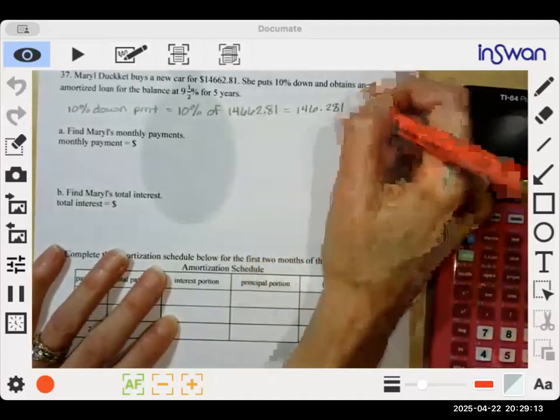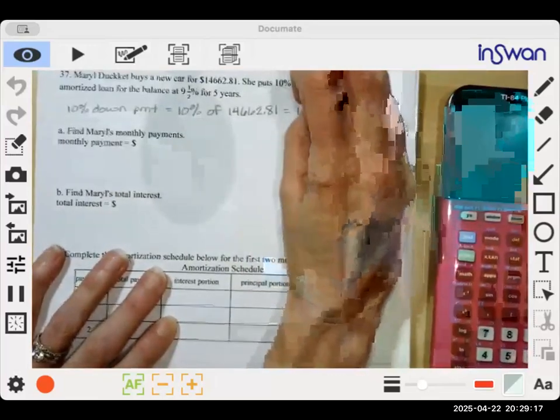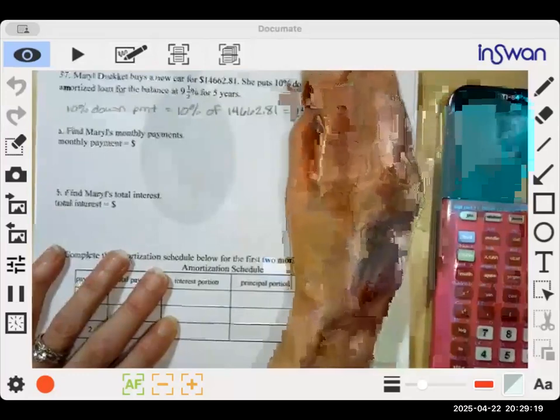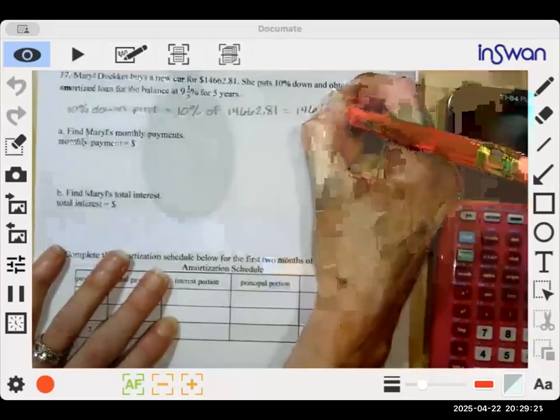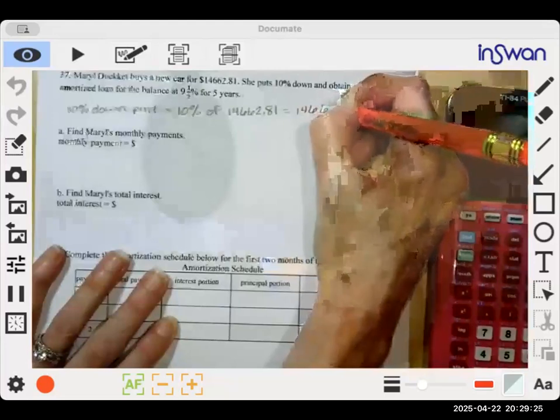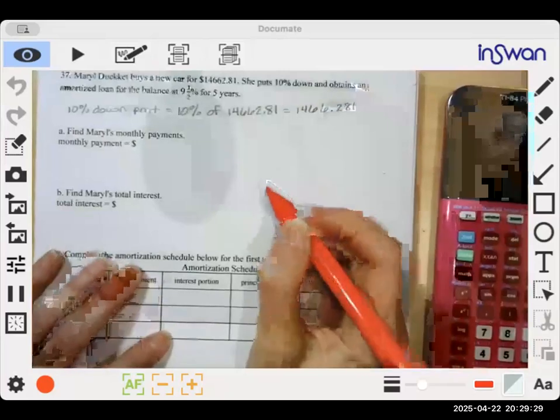Okay, so I'm missing a number here. I'm missing a 6. That's why it's looking so weird. 0.281. There we go. That looks much better. Okay, so this is the down payment.